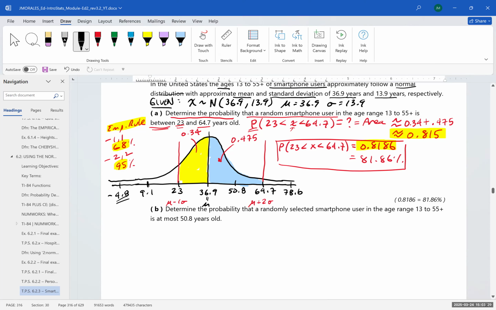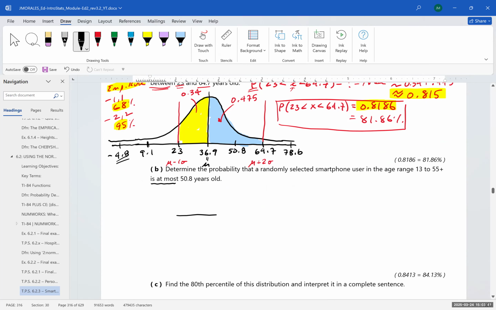So determine the probability that a randomly selected smartphone user is at most 50.8 years old. Well, let's redraw our distribution here.